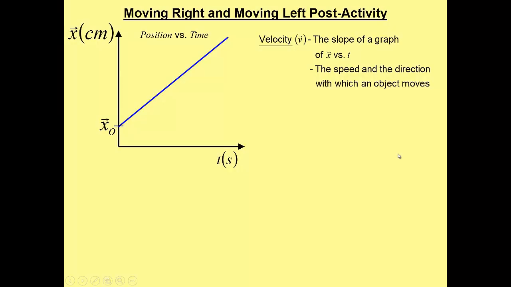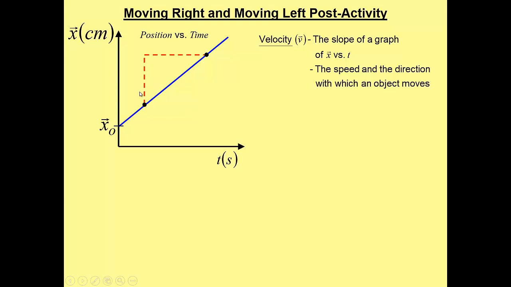So, if we want to take this definition then of velocity as the slope of a graph of position versus time, we can put this into symbols. Why not? It's physics. If we take 2 points on our line, we find a slope by doing rise over run.